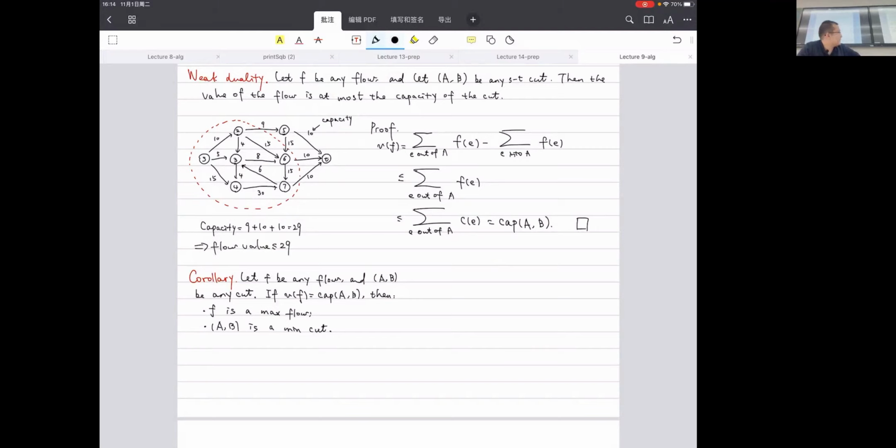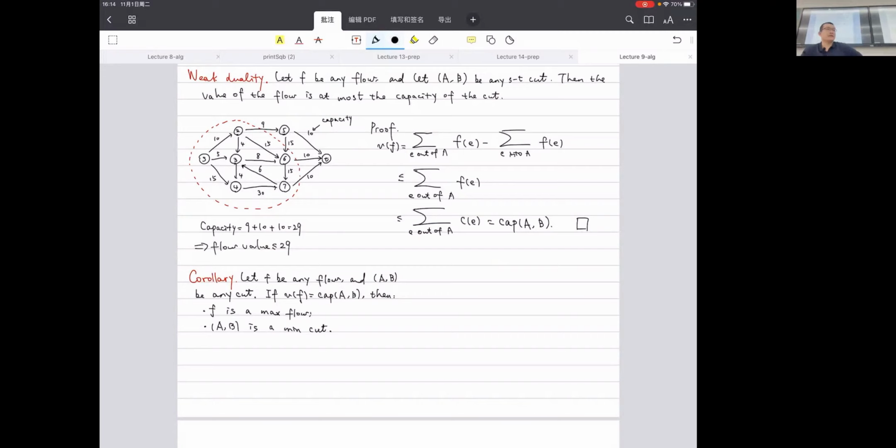Otherwise, there would be a flow whose value is larger than v(f) and larger than the capacity of (A, B), which contradicts the weak duality lemma. Vice versa, (A, B) must be a min cut.